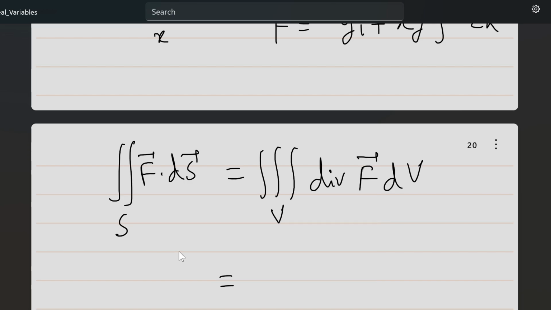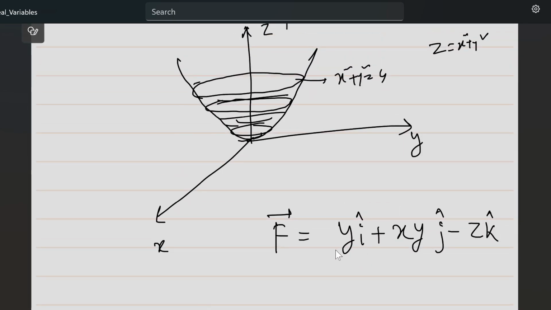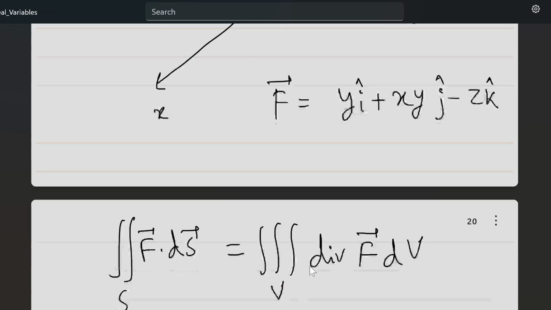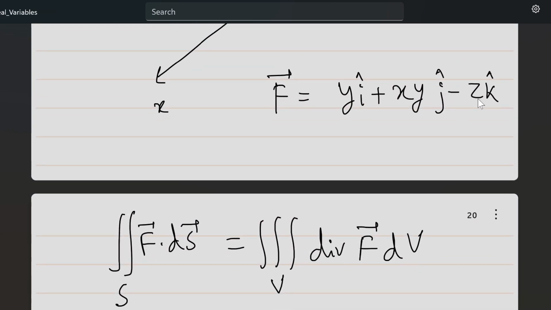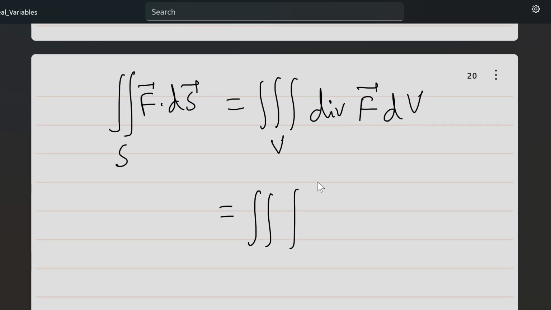So what is divergence of f in that problem? i del/del x plus j del/del y plus k del/del z. i del/del x means it is 0. j del/del y gives you x, and k del/del z gives you 1, with the minus from this. So it is x minus 1 into dV, meaning dz dy dx.